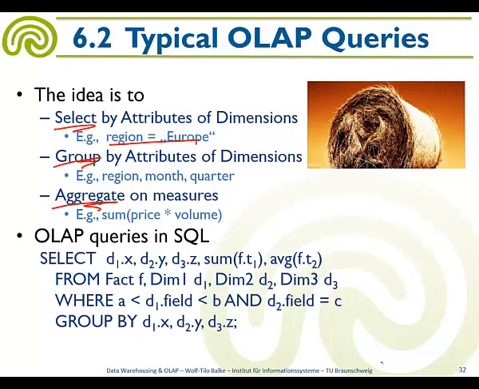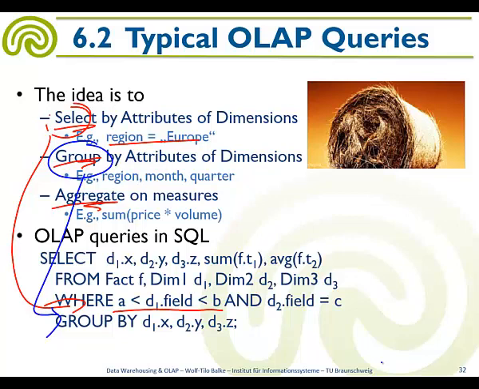What you do when you transport that into SQL is, of course, the selections go into the where condition. So, for example, A is smaller than a certain value, and this is smaller than B, or some field has a value C, so region is Europe. You have the group bys that go into the group by statement, where you say, okay, I want it by region, by month, and all these values should be aggregated.